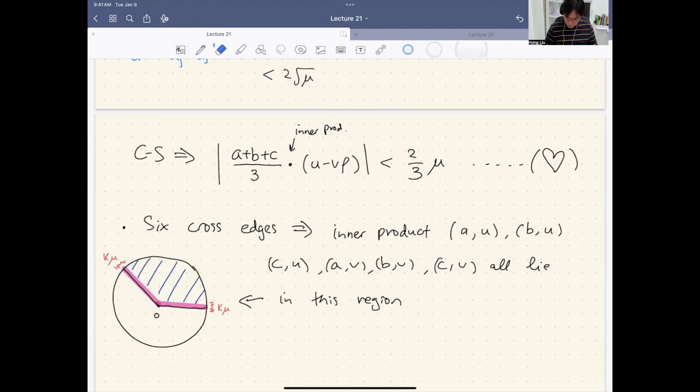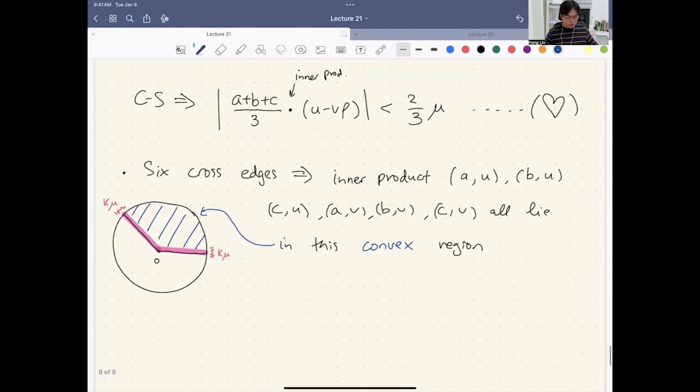All lives in this region. In particular, this region is a convex region. Convex region means any convex combination of these 6 points in the unit disk lying in this convex region still lies in this region, right?